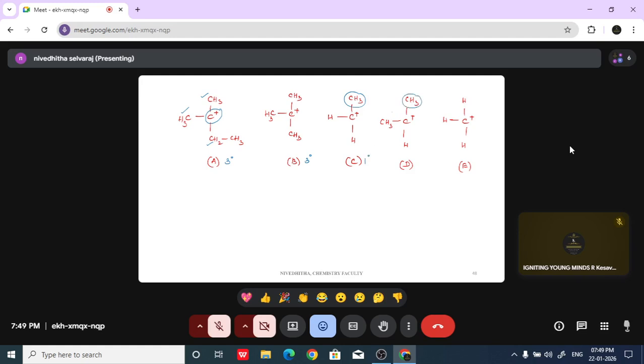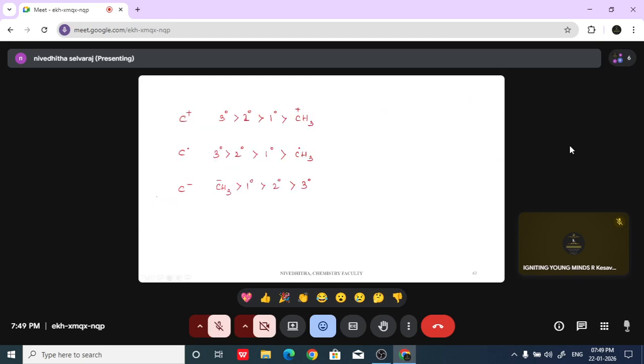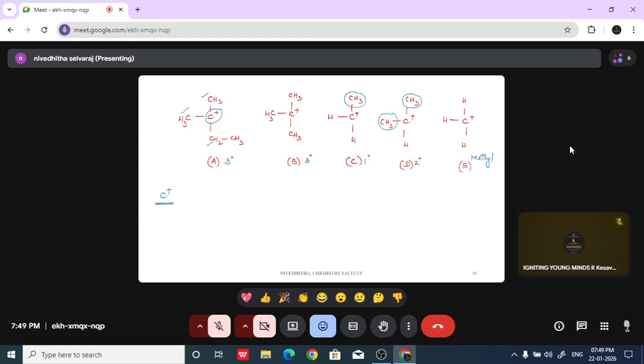Here, the positively charged carbon is attached to 2 R groups. Very good, Kana. It is secondary. And here we have no R group, so this is methyl carbocation. As far as carbocations are concerned, we know tertiary is the most stable, then secondary, then primary, and least is methyl. So we know that tertiary carbocations are more stable.